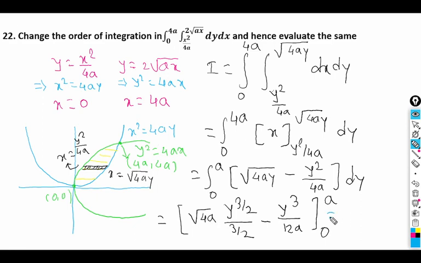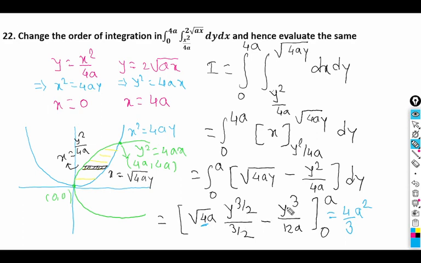Now a raised to half into a raised to 3 by 2, so 1 by 2 plus 3 by 2 is 4 by 2, which is 2, so it is a square. The 3 by 2 becomes 2 by 3, so 2 twos are 4, it's 4 by 3 a square. This is the simplification for the upper limit, 4 by 3 a square.